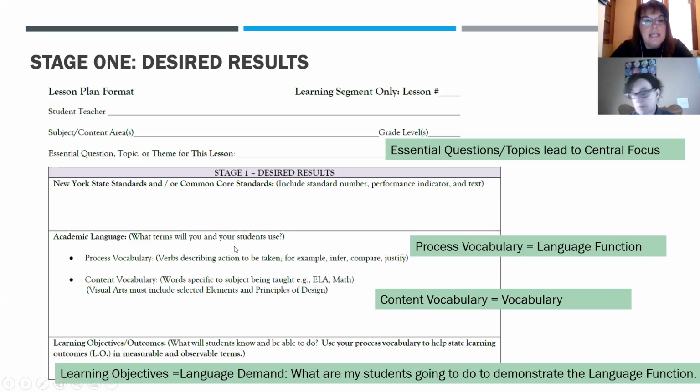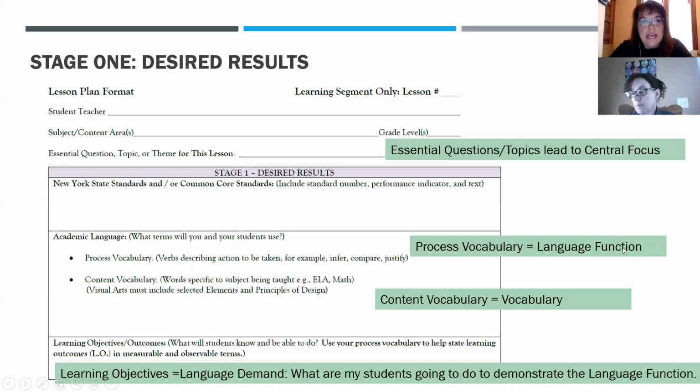And so for every lesson you created, you identified your process vocabulary. These are those verbs that talk about what students are doing: infer, compare, justify, explain, right? We call it at Elmira College process vocabulary. They call it on the edTPA language function, right?